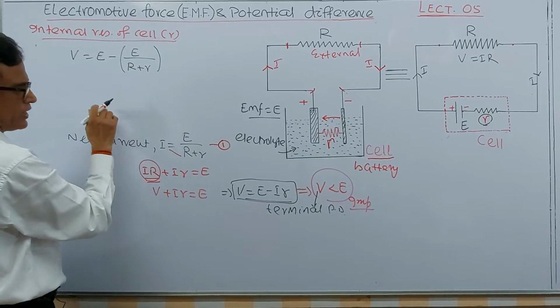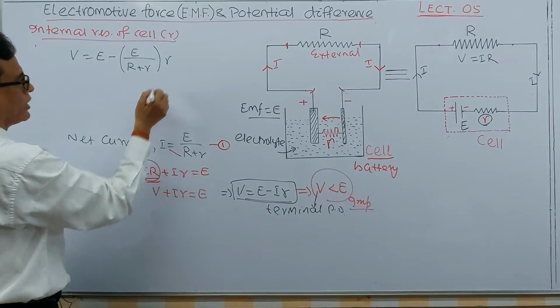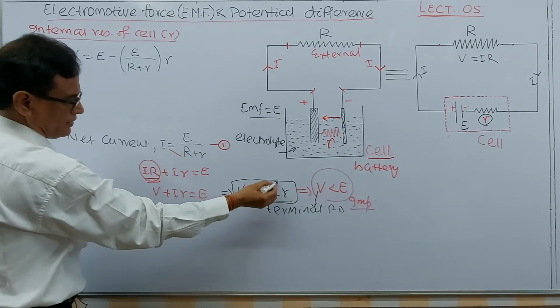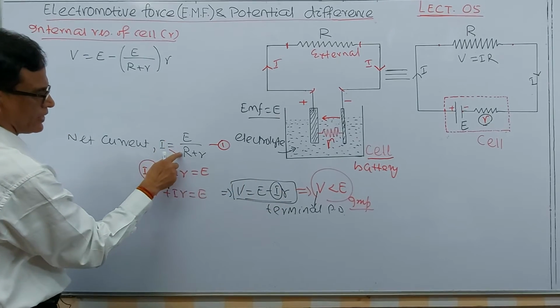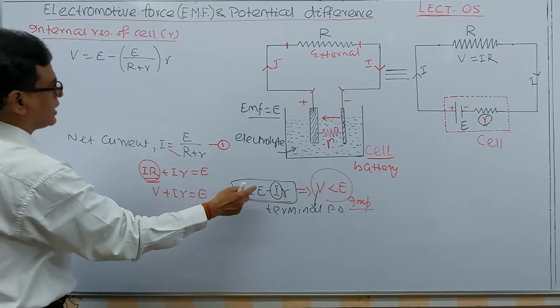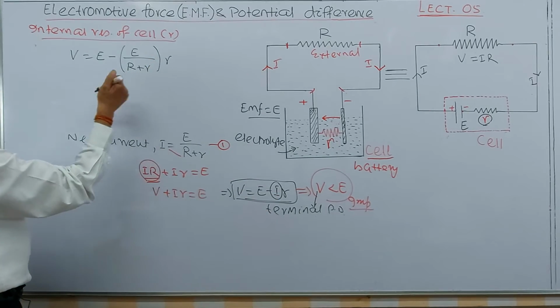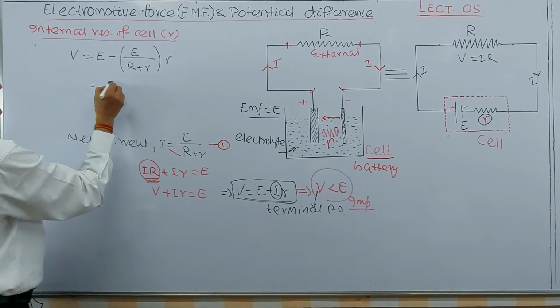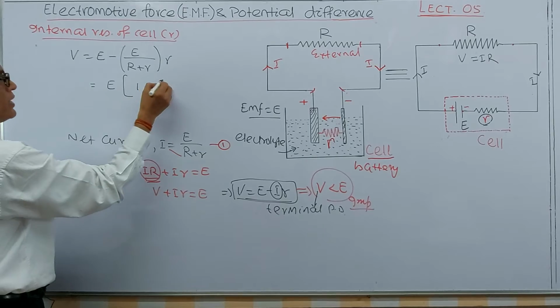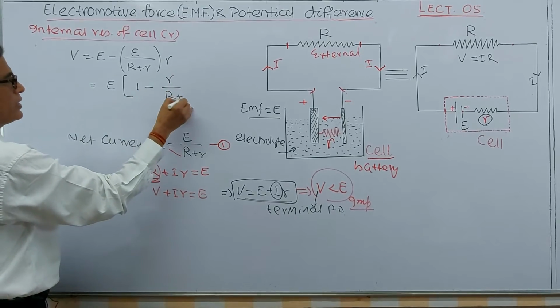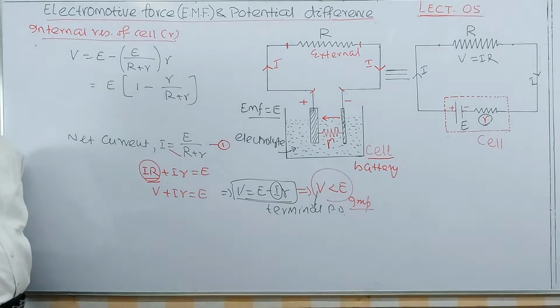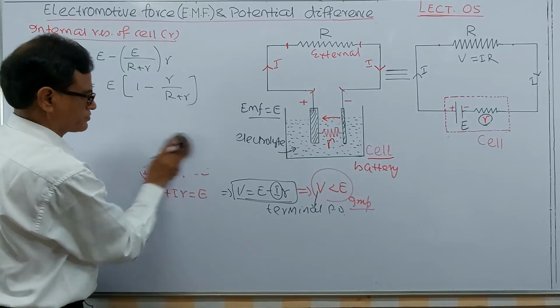I have taken this I, E divided by (R plus r), into small r. E minus, solve it. So E can be taken common, 1 minus r by (R plus r). I think you are able to follow this one. I am removing this now.